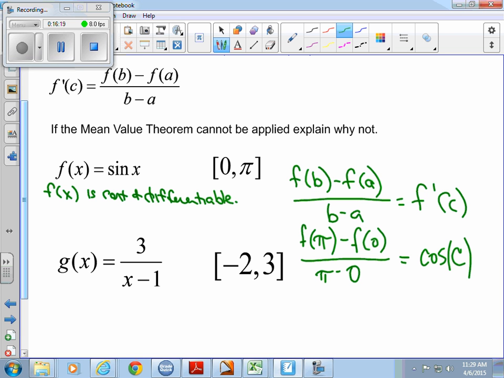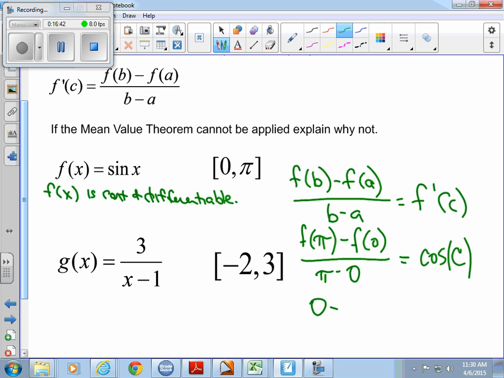So we're finding when f of pi minus f of 0 over pi minus 0 equals cosine of c. What is the sine of pi? 0. Do you still need to know that? What about the sine of 0?